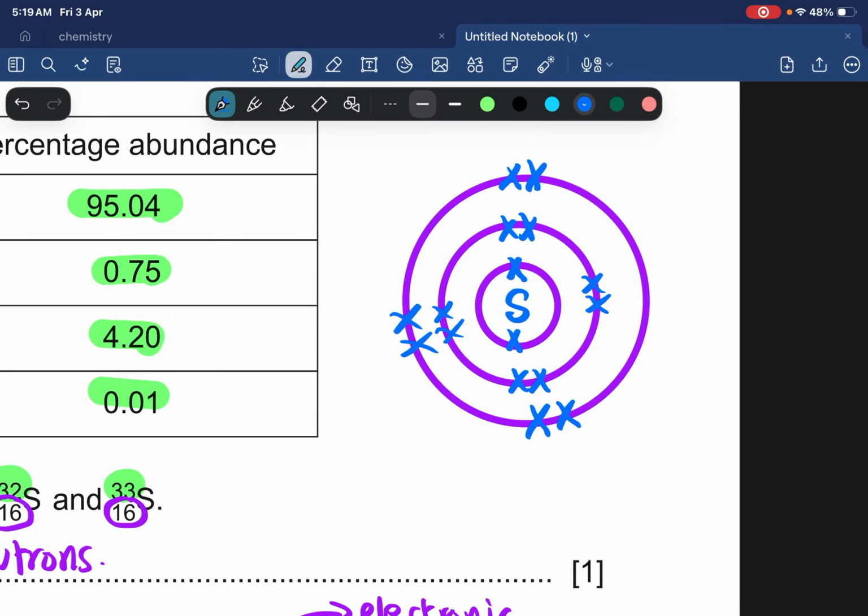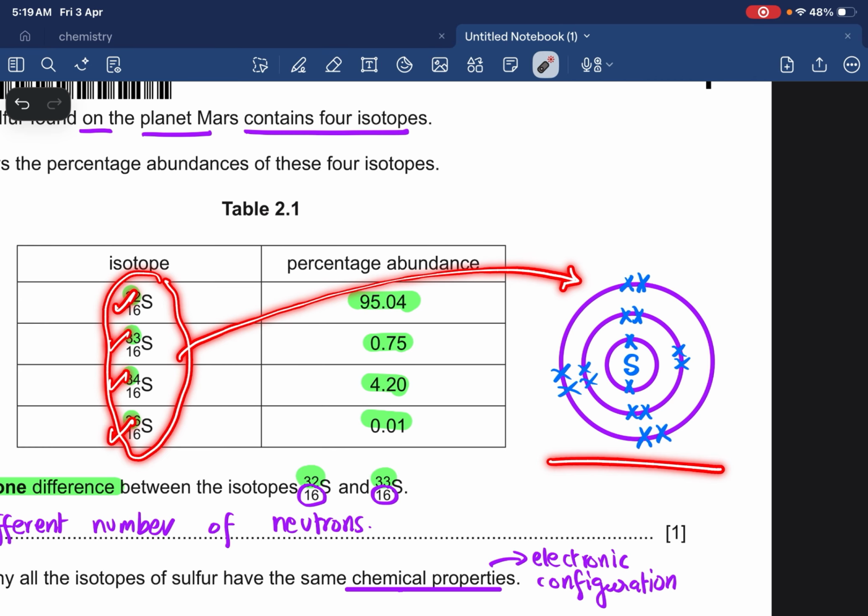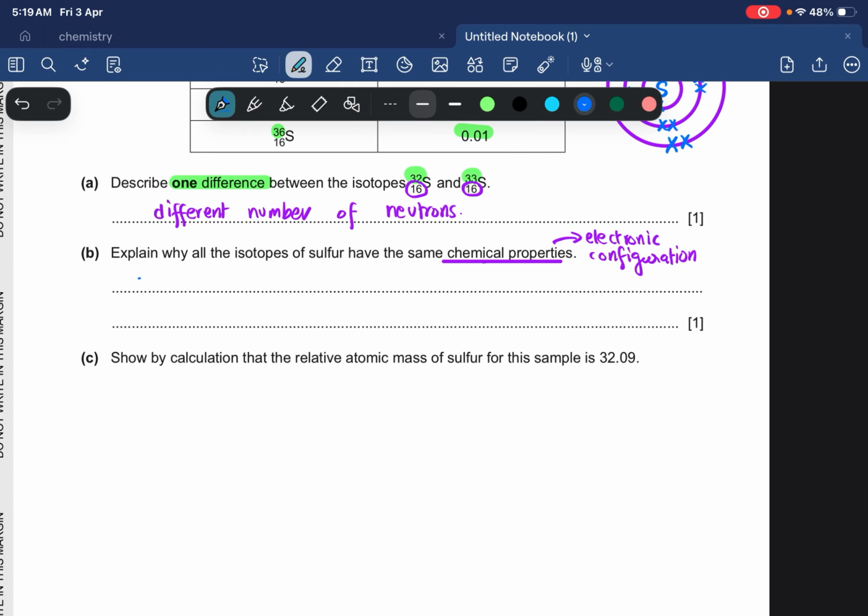So for all isotopes of sulfur, be it S32, 33, 34 or 36, my electronic configuration will not change. It will remain 2,8,6. This cannot change. Though the neutron number changes, the electrons in the outer shell, the electronic configuration, remain the same, and that determines it. So we're going to write same electronic configuration.